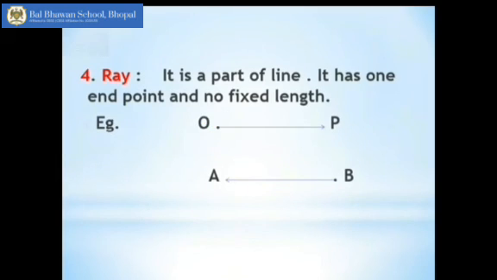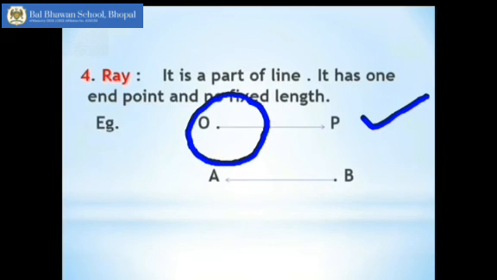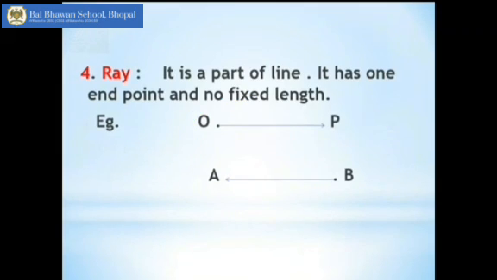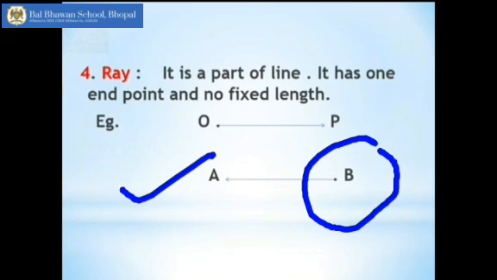Children, in ray OP, O is the starting point, but it has no end point. That means it can be extended further in only one direction. In the same way, children, ray BA has a starting point B, but it has no end point.